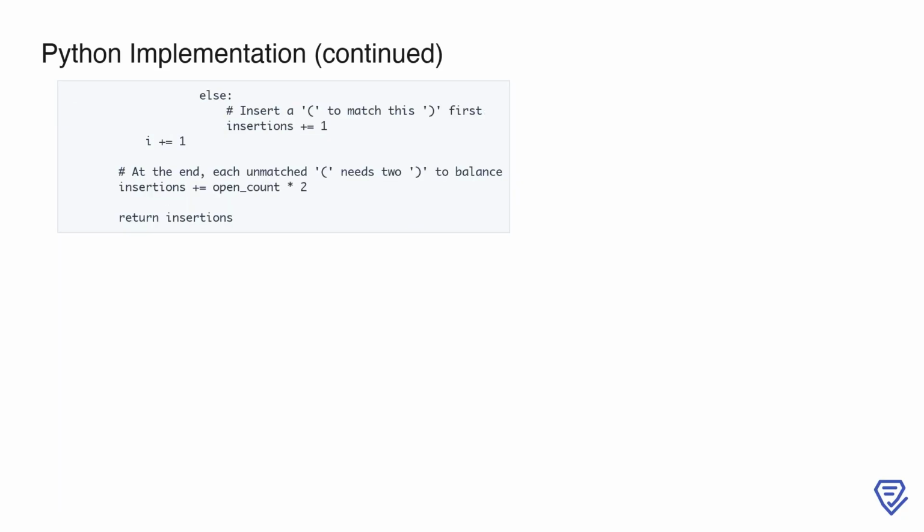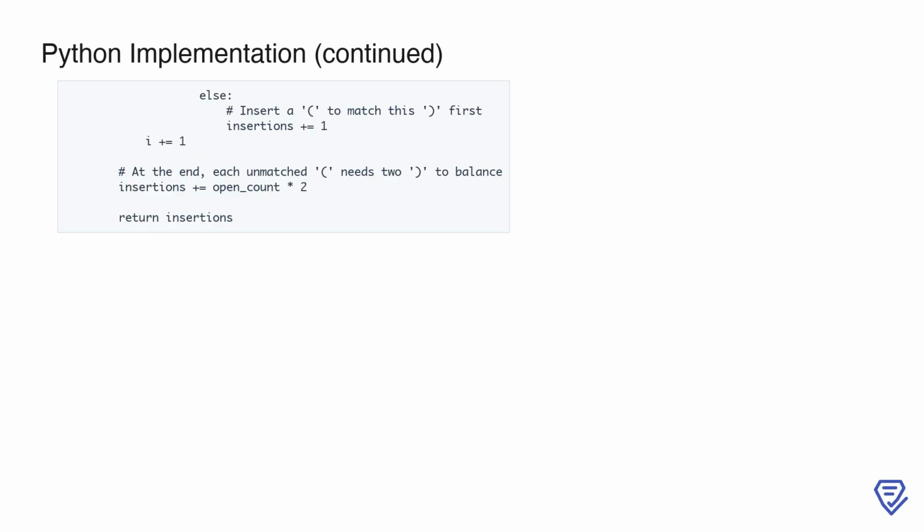If the current closing parenthesis isn't part of a pair, it means it stands alone. In this case, we increment insertions to add a virtual closing parenthesis, creating a valid pair. If there are unmatched opening parentheses, we decrement open_count to pair this single closing parenthesis with one of them. Otherwise, we increment insertions again to insert an opening parenthesis before handling the pair itself.